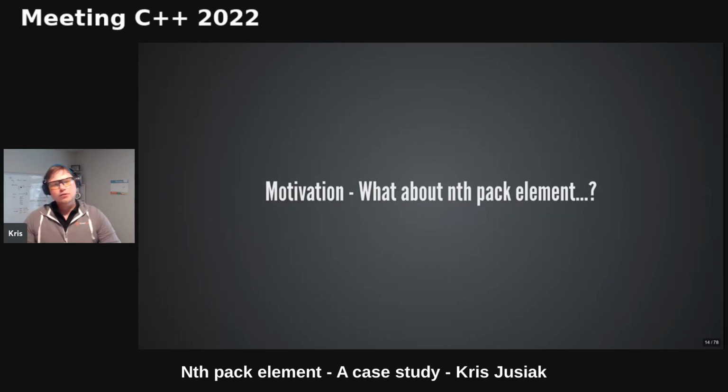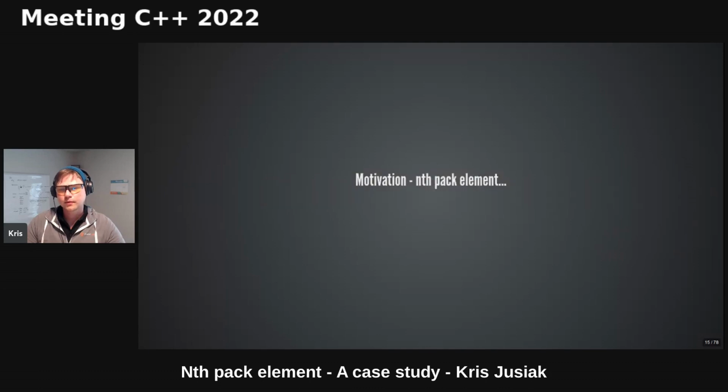So that was about the proposal to get the first and the last. It is not an easy way without a bit of TMP on top of that to get actually the nth. So that's the discussion which we'll get into right now. So nth pack element. The idea here, just to clarify again, is we have a variadic pack, meaning we have something with the dot dot dot, and we would like to get nth element out of it.